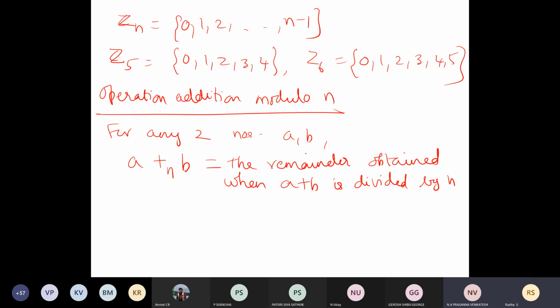So a addition modulo n b is nothing but the remainder obtained when you add a and b and divide by n. That is the meaning of addition modulo n.